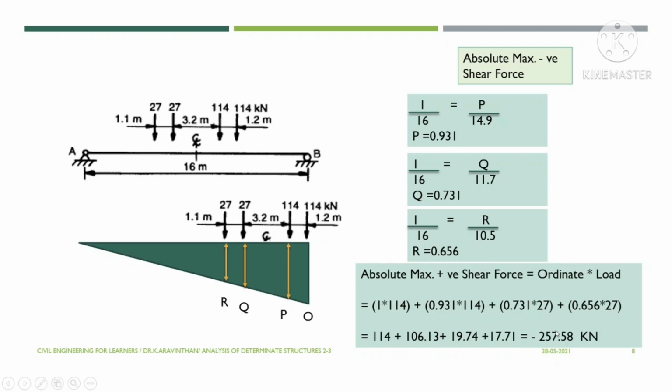So between positive and negative shear, you will be having a different value in case the loads are different. If the loads are the same and the distances are the same, then you will be getting the same positive and negative shear force value. So this is the understanding we got by solving this problem.